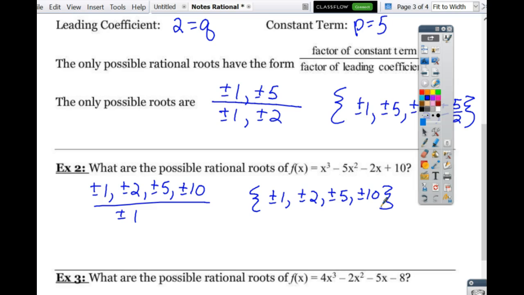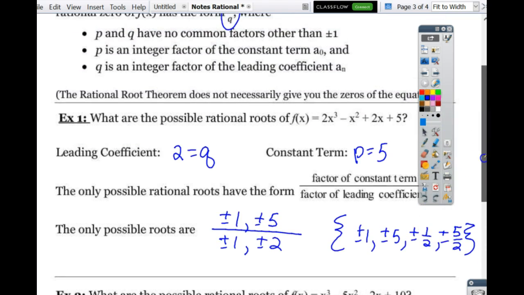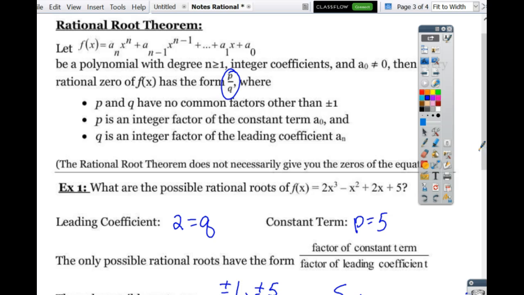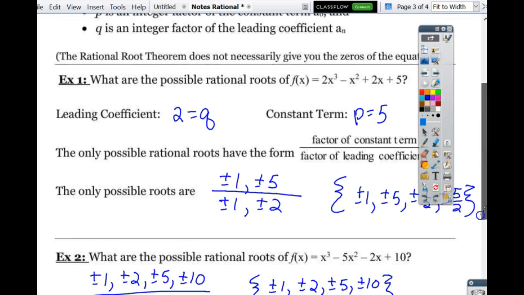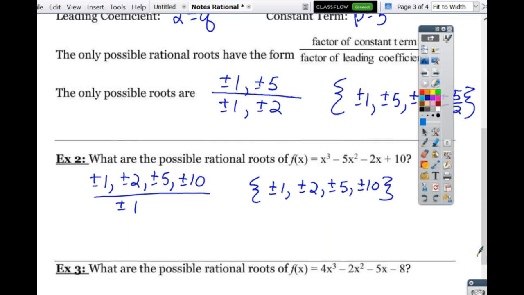Okay, so what goes on bottom, Isaac? Okay, listen, what goes on bottom? The Q, and Q is the leading coefficient. And what's the leading coefficient this time? 1. So P is here and Q is here. Every time.